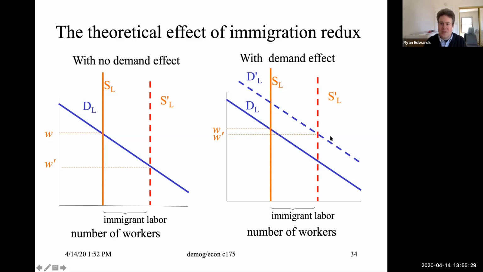If you also see some outward shift of the local labor demand, you might see not as much of a reduction in the wage. And of course, measuring this in a survey, if the impact is not real large, it might be pretty easy to miss because of the way that we collect survey data. It's not usually on every worker within a particular area.